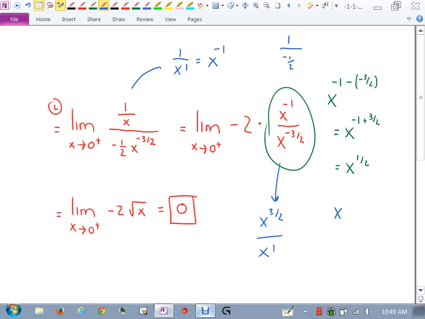The rule I'm using is x to the n over x to the m is x to the n minus m. That's the property of exponents. Do this little addition, and then you get that, and then I just rewrite that back here. Anybody else? No? Sure?